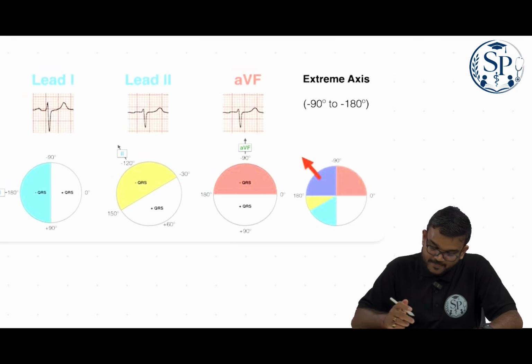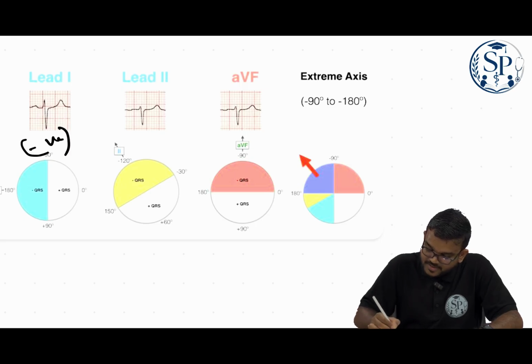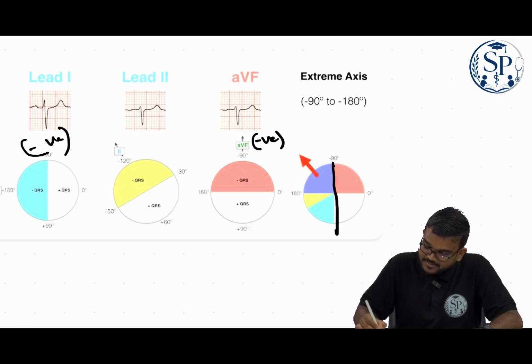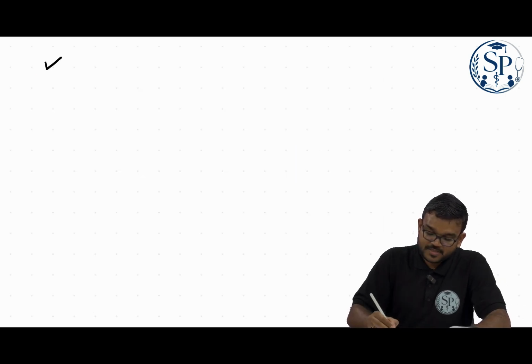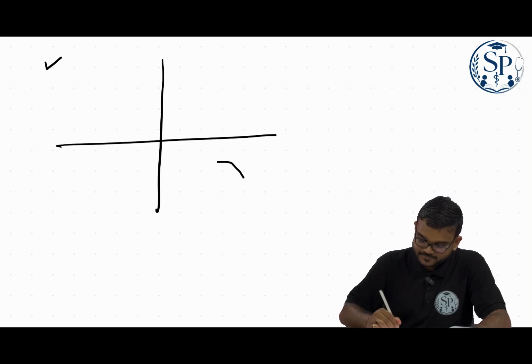Extreme axis. Here you can see the lead 1 R minus S is negative, and in AVF the R minus S is negative also. So in the hexaxial system it falls in this quadrant, negative and negative. In the hexaxial system we can record it in this manner.